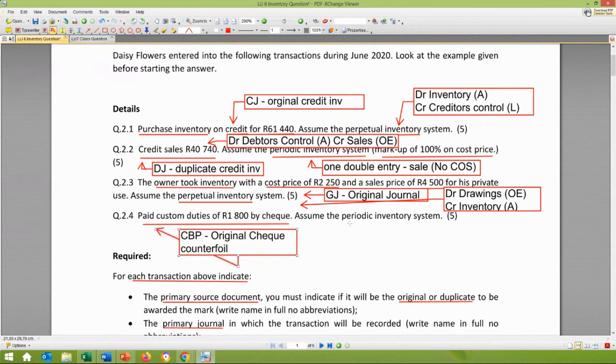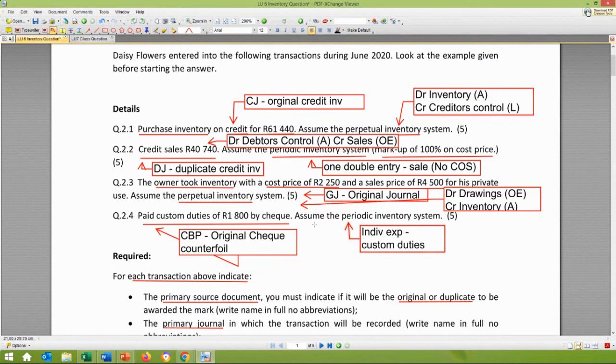And then assume the periodic inventory system. Okay, because we have a periodic inventory system, we take it to the individual expense account, which in this scenario is custom duties. Okay, so we don't take it to inventory, we take it to custom duties.